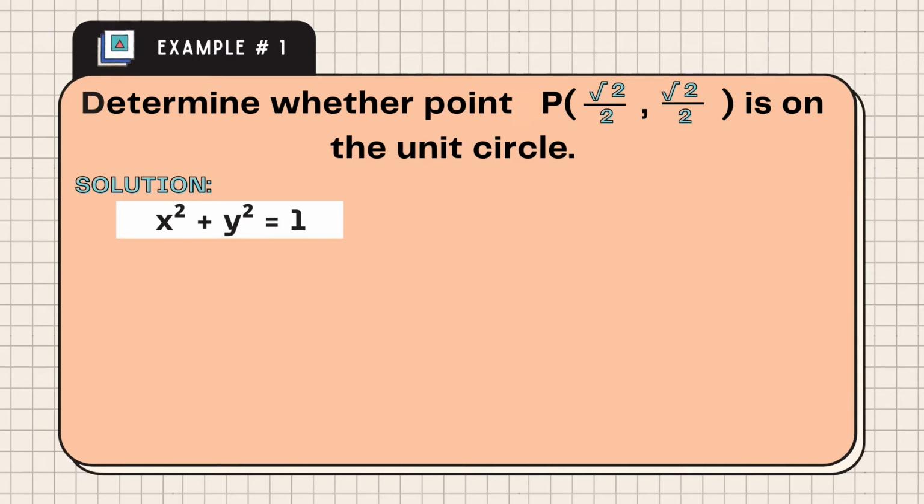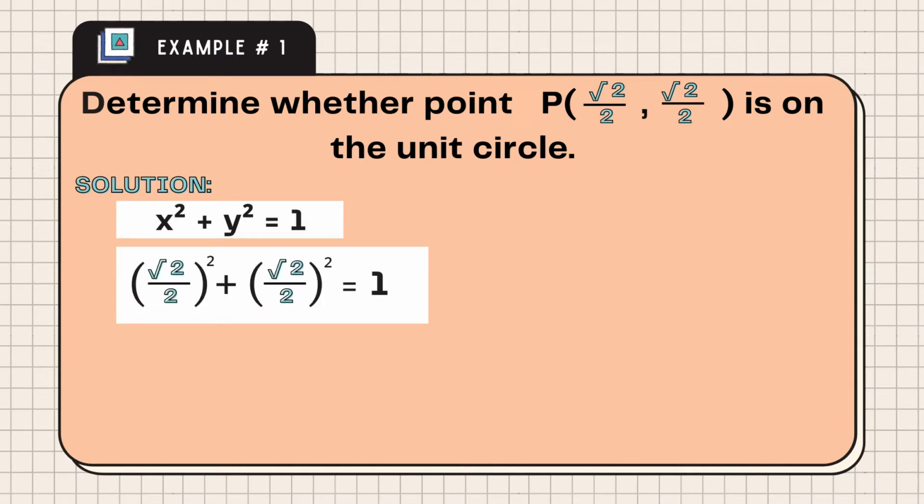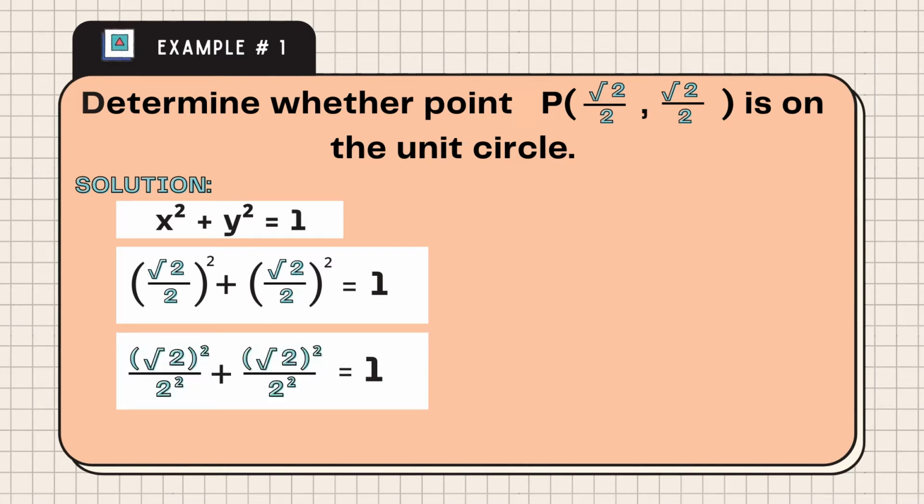Let's start solving, shall we? So we have square root of 2 over 2, then square the whole term, plus square root of 2 over 2, then square the whole term again, is equal to 1. Then the next step is to distribute the exponents of the individual terms to both the numerator and the denominator.